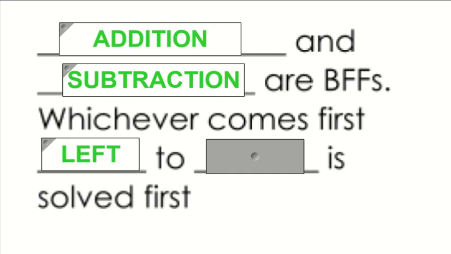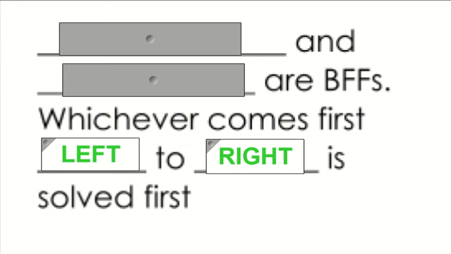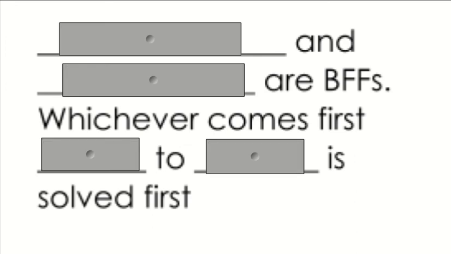And whichever comes first, left to right, is what you solve first. Okay, y'all have worked with order of operations at least some before, so this shouldn't be too bad. It's just following the steps, going in the correct order.